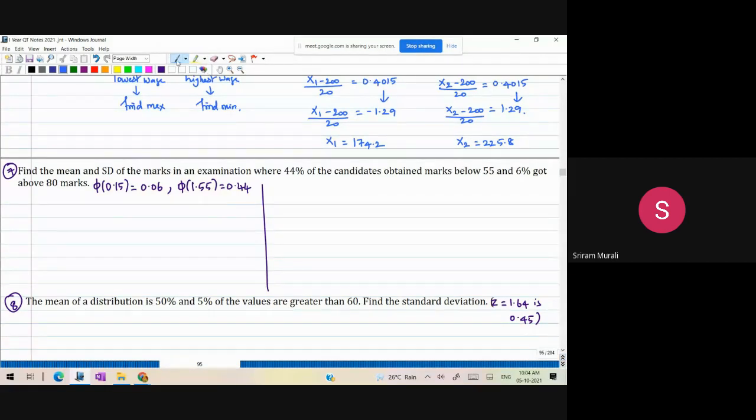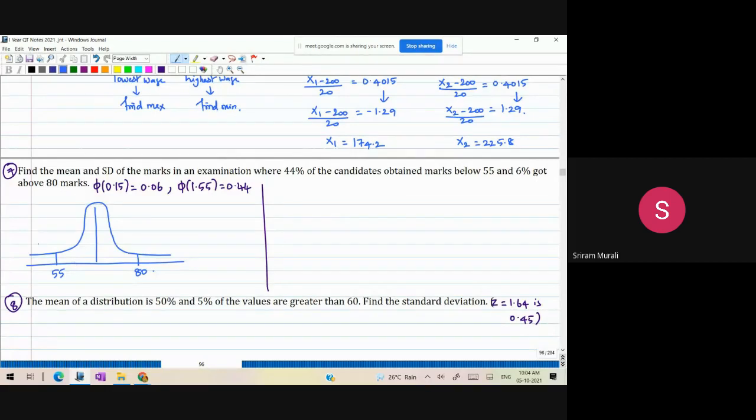What is given? Draw a diagram. If you draw a diagram, what do you understand from the question? 44% of the candidates obtained marks below 55, and 6% got above 80. Above 80 will come on the right hand side, and less than 55 I go to the left hand side.